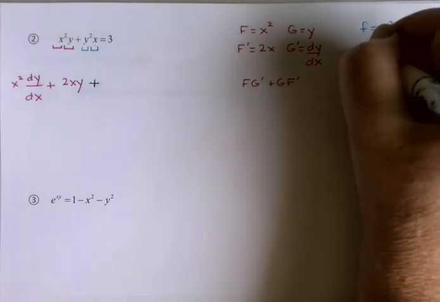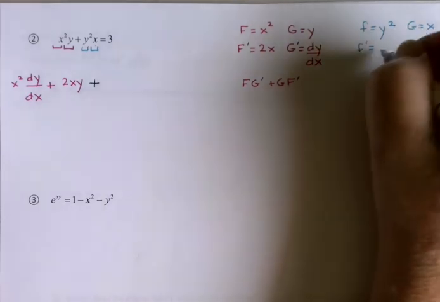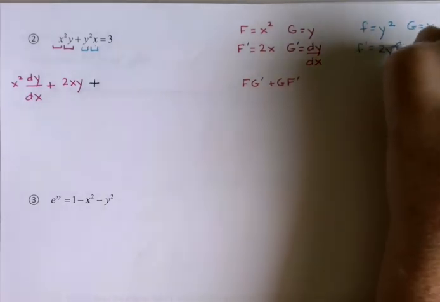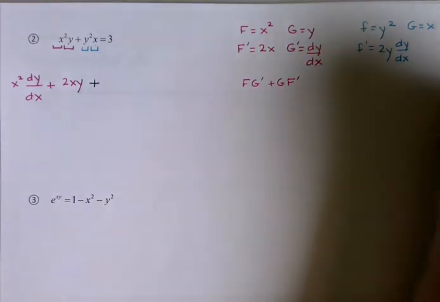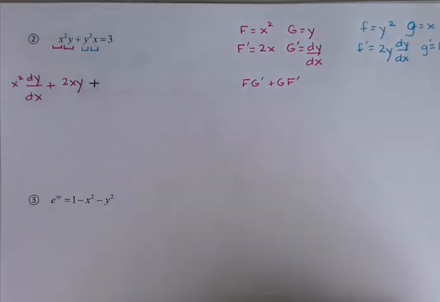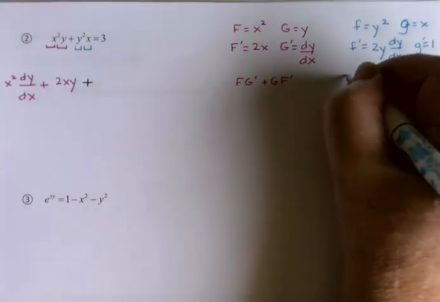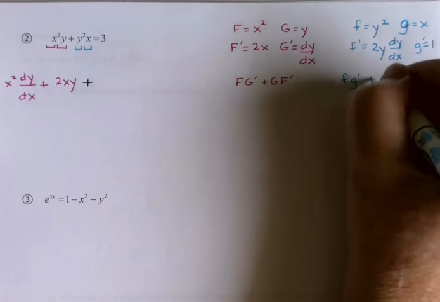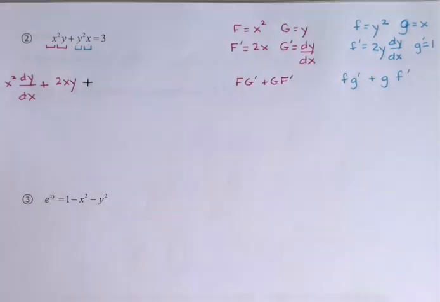And so f prime will be 2y times dy dx. There's that chain rule again. And let's let those be lowercase. Little g prime is just going to be 1. And I'm going to want fg prime plus gf prime for my product rule.